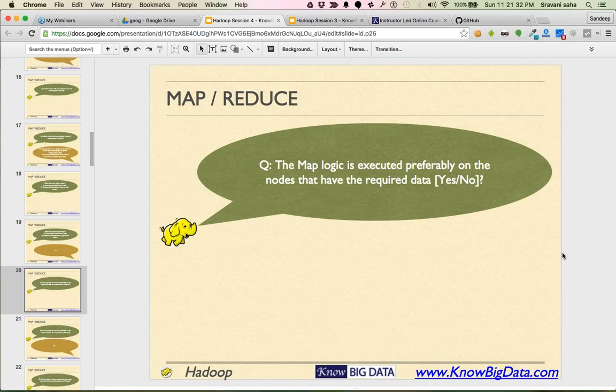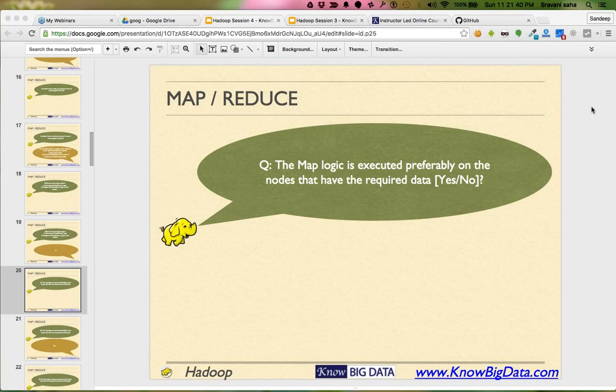All right. Now, map logic is executed preferably on the nodes that have the required data. Yes or no? Map logic is executed preferably on the nodes that have the required data. Correct.